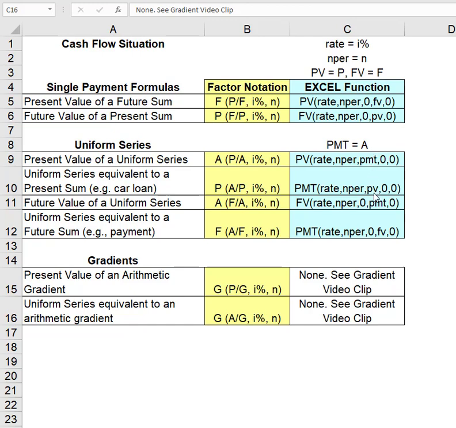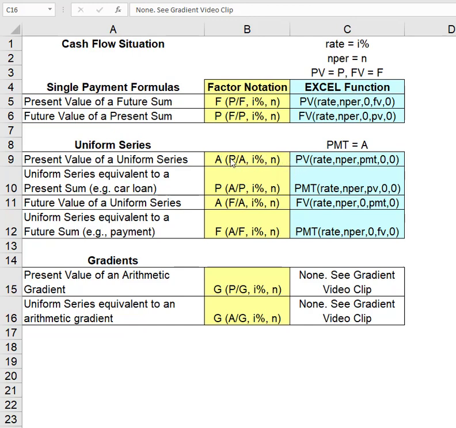Now let's go down to uniform series and look at this first one. In this case, we're trying to find a present value that's equivalent to a uniform series of money, uniform payments for n periods.